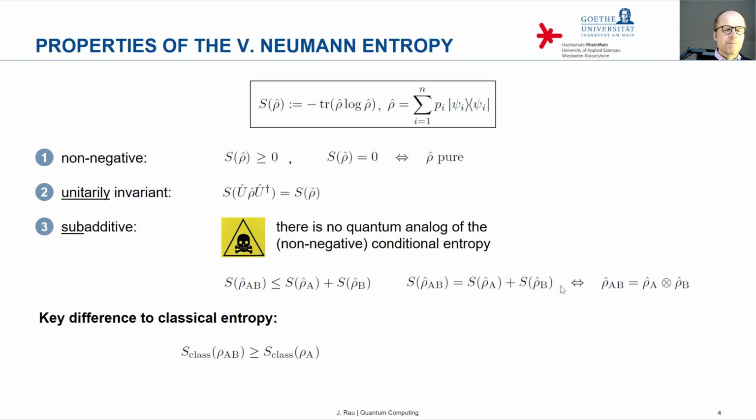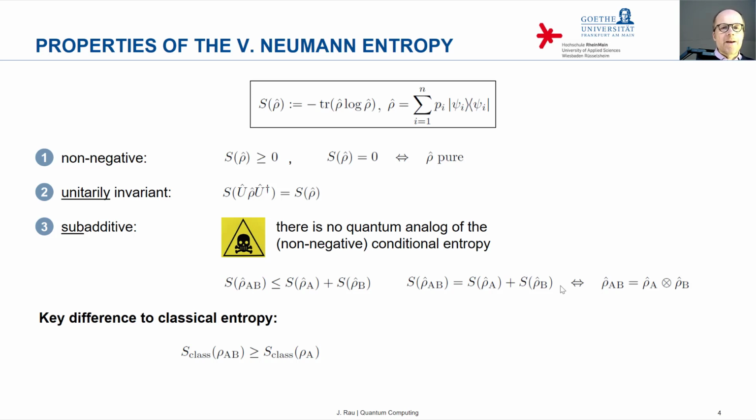It was 1/2 times the unit operator. And this means that the entropy associated with this reduced state of an individual qubit is not zero. It's 1, if we take all the logs here to be base 2, binary logs.